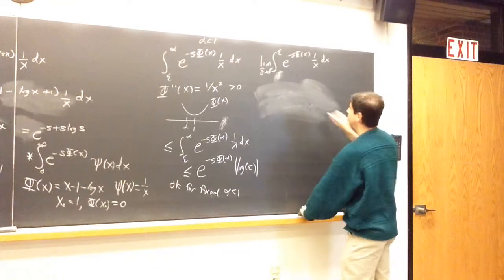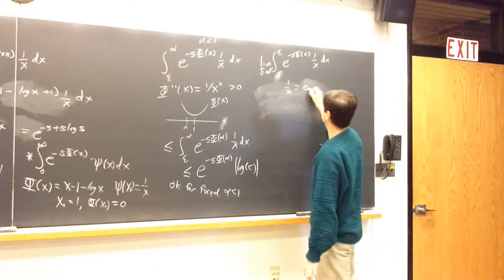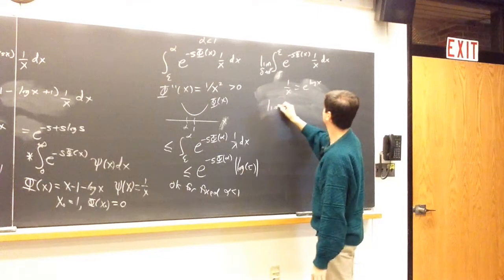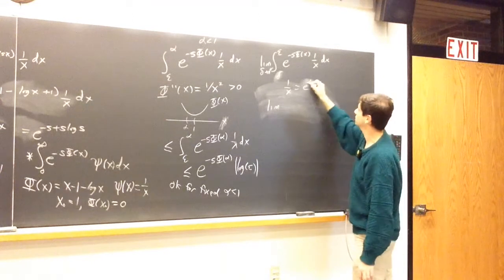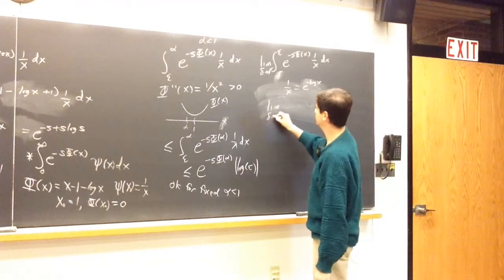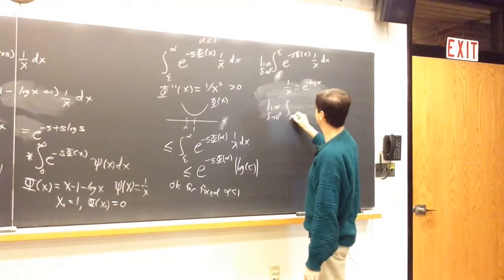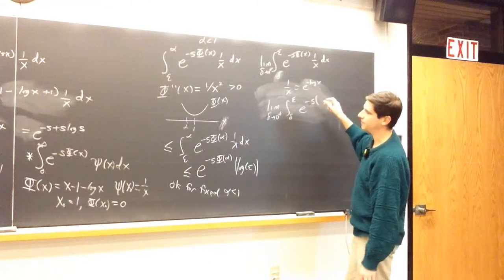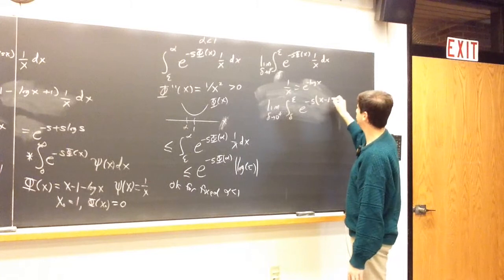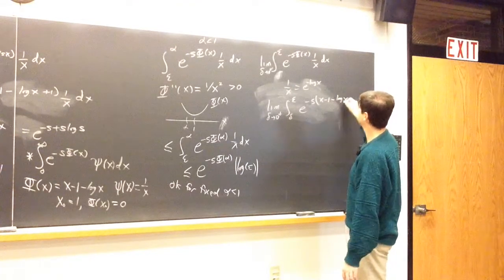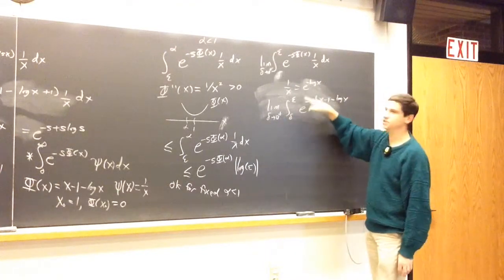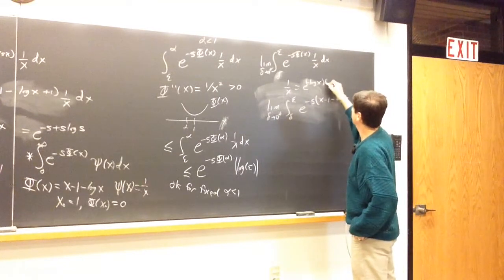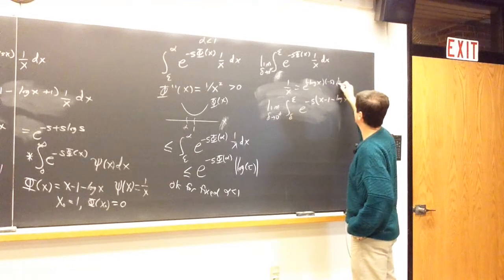And so we would have 1 over x is e to the log of x. So our integrand, negative log x, the limit as delta goes to 0 from above, integral from delta to epsilon, e to the negative s. And now the phi of x is going to be x minus 1 minus log of x. And now when we bring this inside, we multiply by negative s and we divide by negative s.